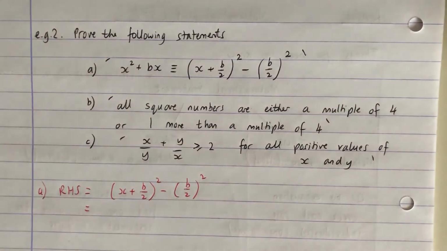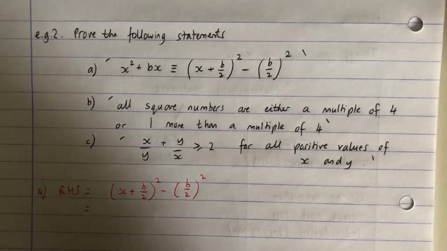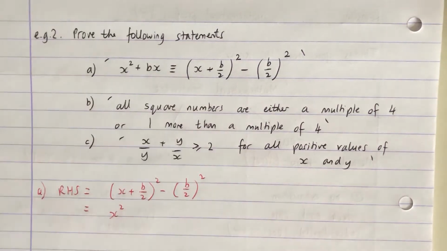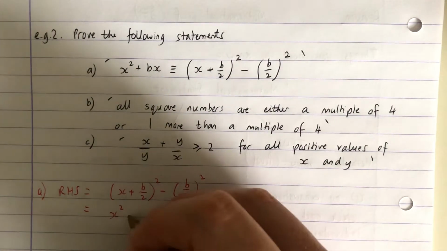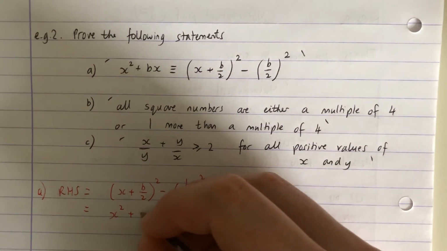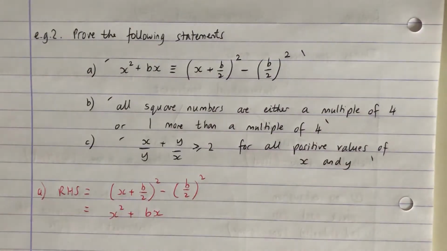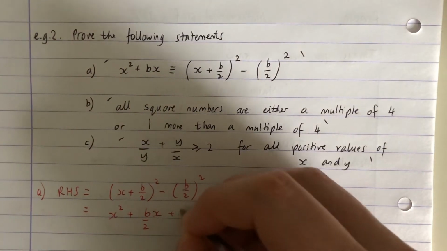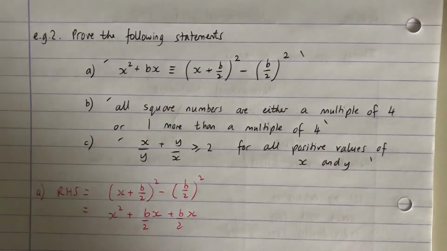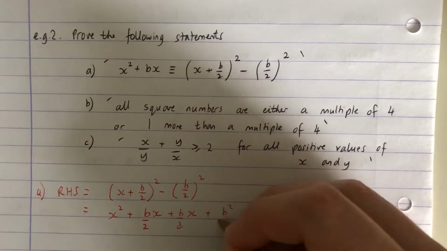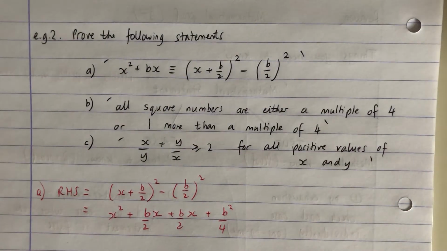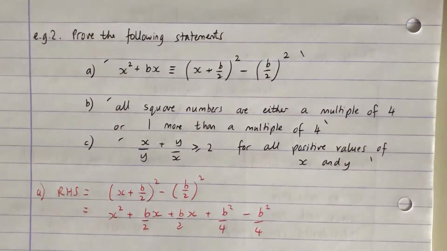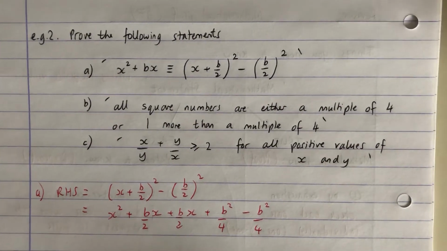So the only step I can think about is expanding the brackets, which would give you x squared plus bx. I'll actually write this out in full. b over 2x plus b over 2x plus b squared over 4. Expand these brackets, subtract b squared over 4, and collect like terms.